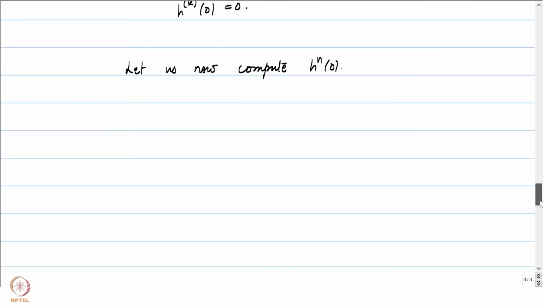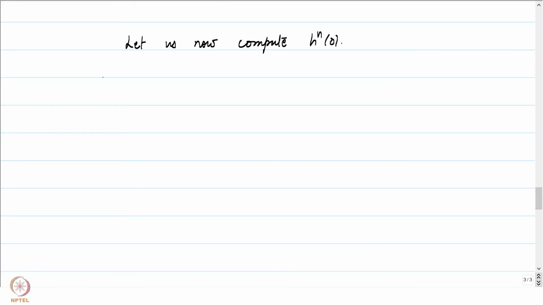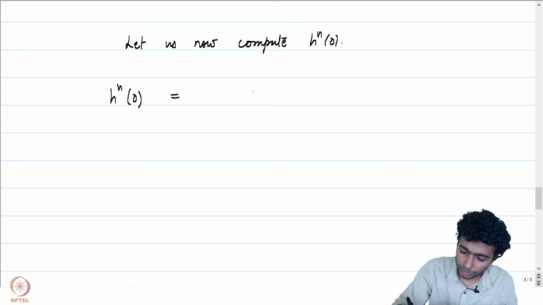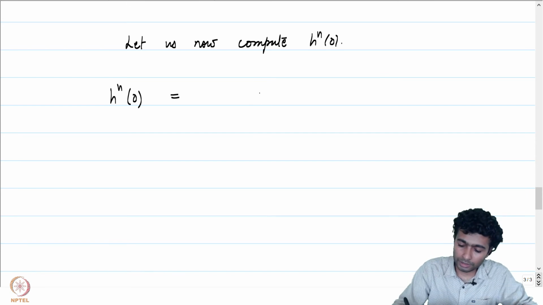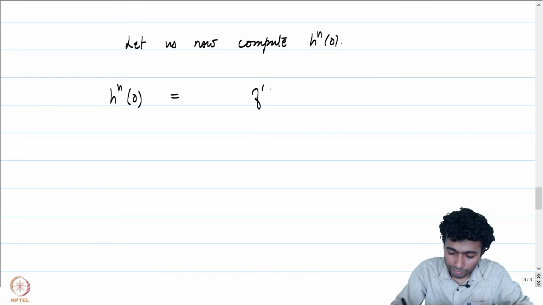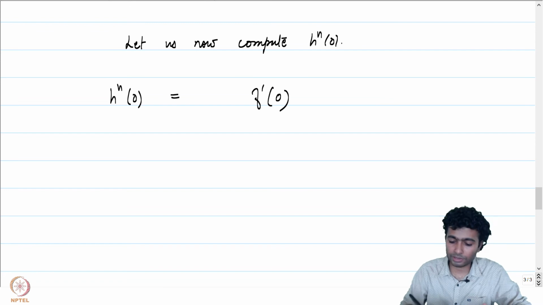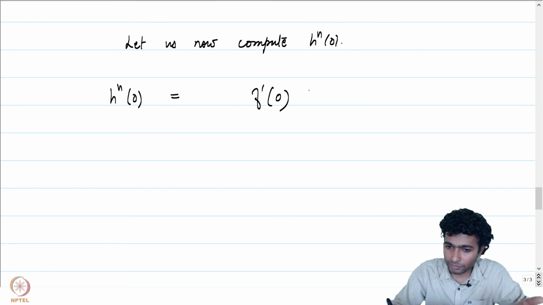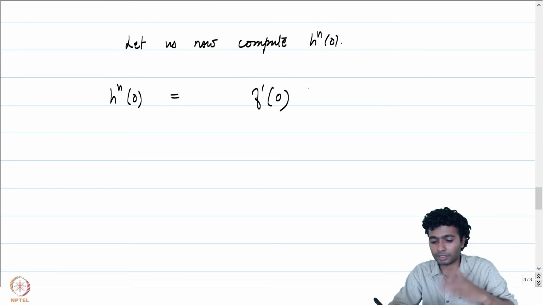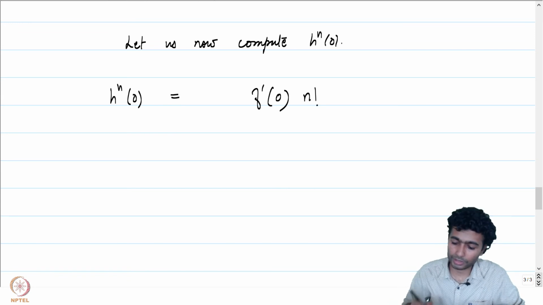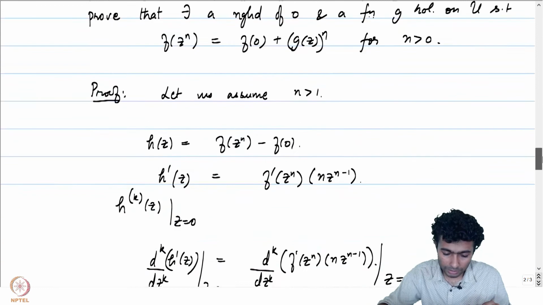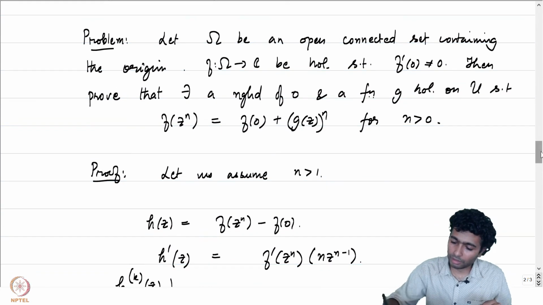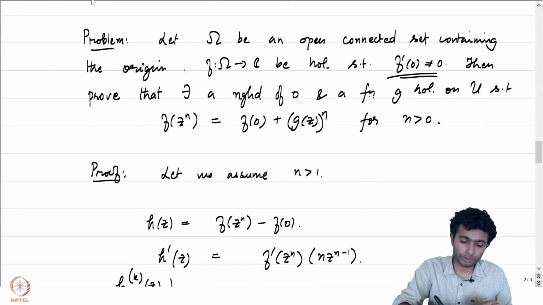So let's write that down. h^(n)(0) is going to be equal to, n choose 0 is 1, so let me not write that, the 0th derivative of f' at z to the power n, which is f'(0)^n, and then the (n-1)th derivative of n times z^(n-1), which is equal to n factorial. This is precisely what we have. And if you go up to our assumption, we have f'(0) is not equal to 0.